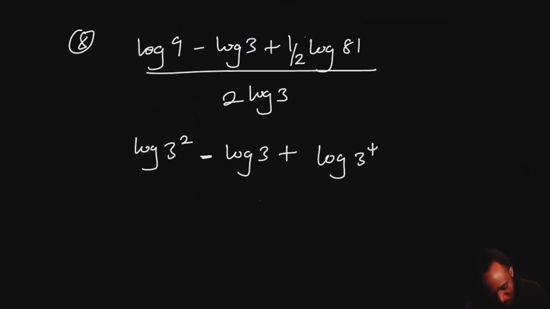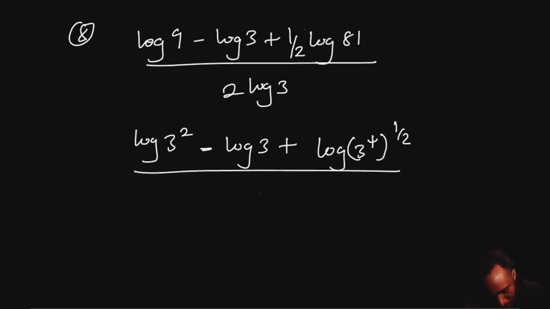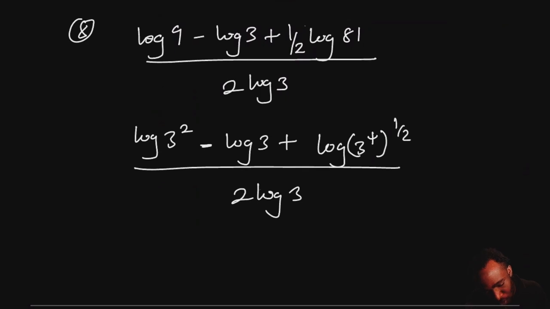But you ask yourself, this 1 over 2 can be brought to this side according to the power law of logarithms. So we can put it into a bracket now and write 1 over 2 all over 2 log 3. So in this case, we can use the law of indices to further simplify this. So 2 goes into this 2 times.